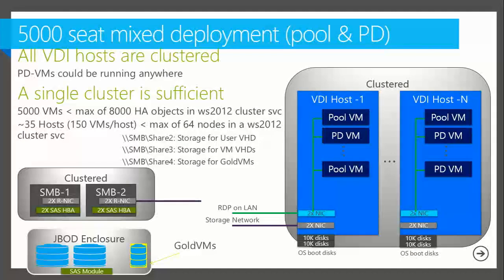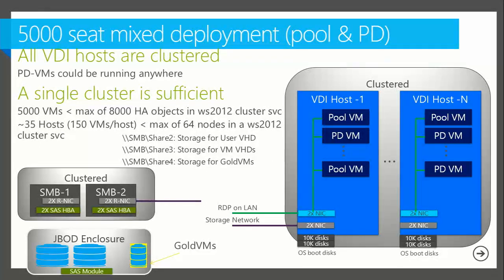The equation changes a little bit because now all the Hyper-Vs have to be clustered, because unlike the pool VMs, if a Hyper-V goes down, we want to make sure the PD is available for the user and there's no interruption to that user's workload. So all the Hyper-Vs are clustered, but that's not a problem because we have 5,000 VMs, and in Server 2012 the maximum number of HA objects is 8,000, so we're below that.